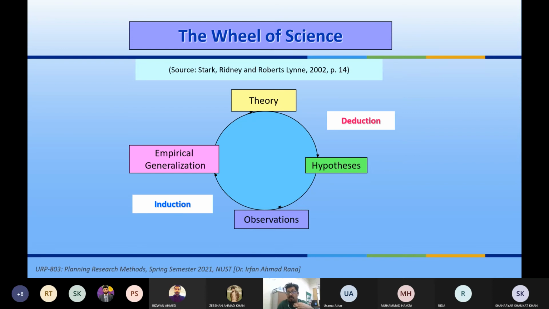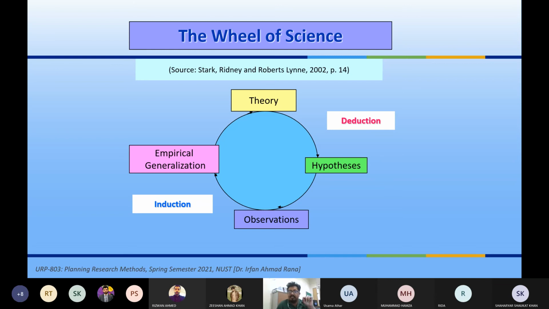In the beginning, because you have no idea what is happening in this field, in this topic, and you don't have a grip on it, you always go and look for different literature. And when you look at different literature, you make some deduction based on the theories and develop your hypothesis. And once you have the data, if your data is 100% matching with the theory, then okay, your research is deductive.